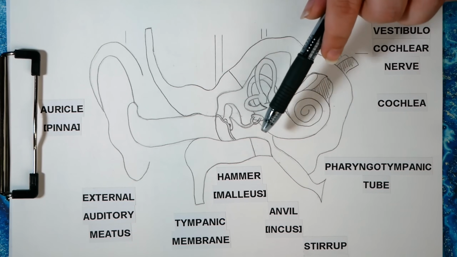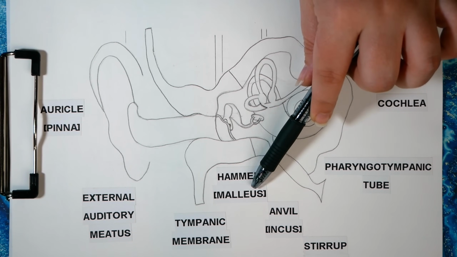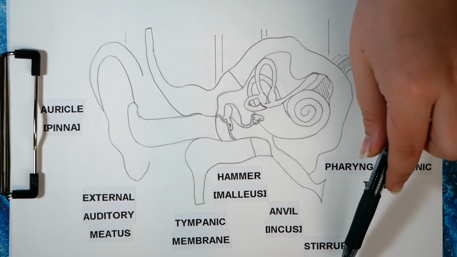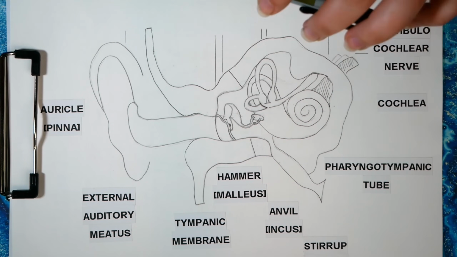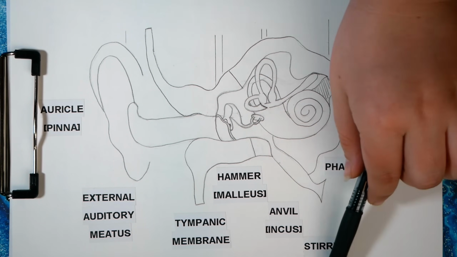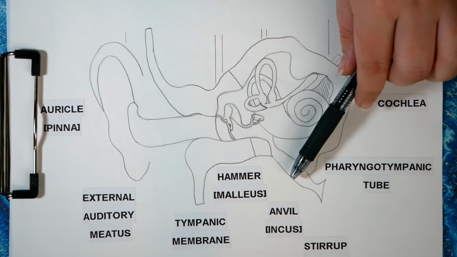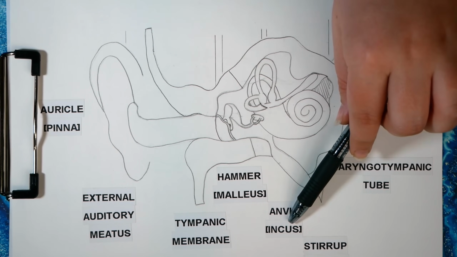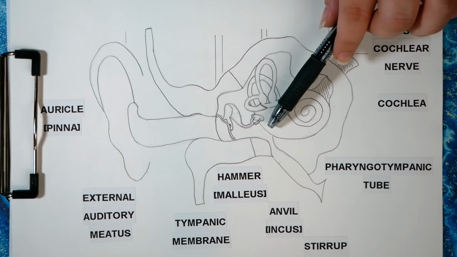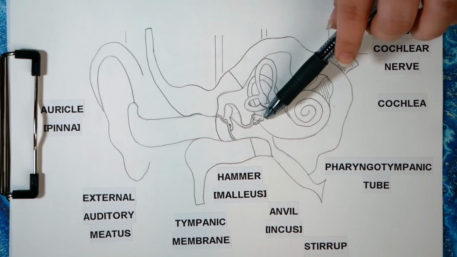This is where we have our malleus, incus, and stapes, which are the Latin words for the hammer, anvil, and stirrup right in here.